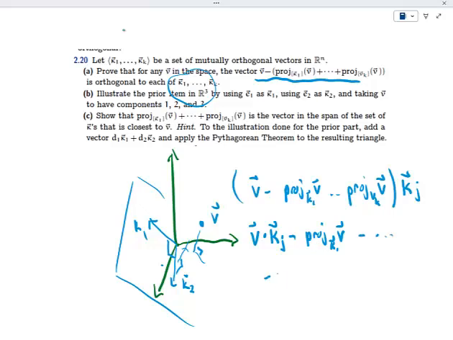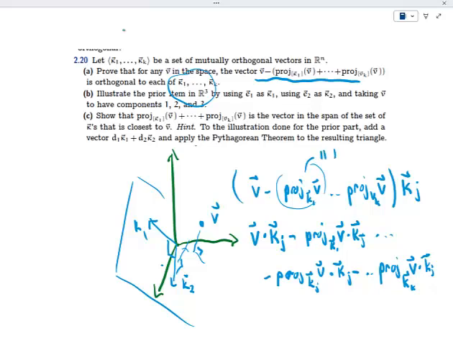So there's going to be one term with a kappa J, proj kappa J V dot kappa J. Then minus dot, dot, dot, proj kappa K V dot kappa J. Now the point is that this projection is parallel to kappa 1.